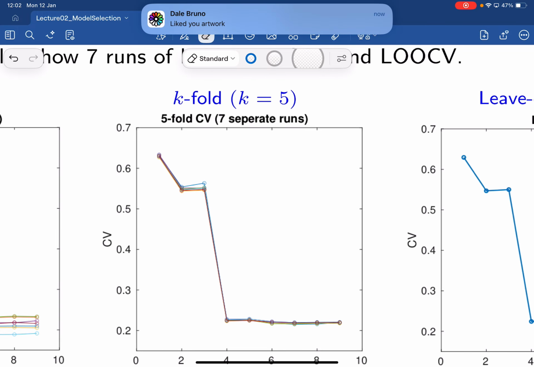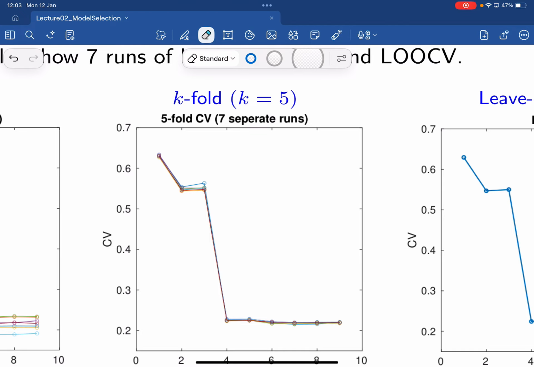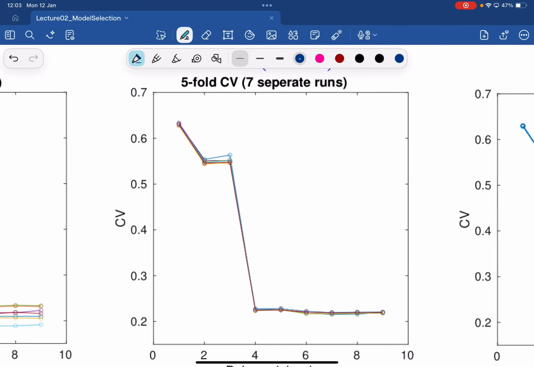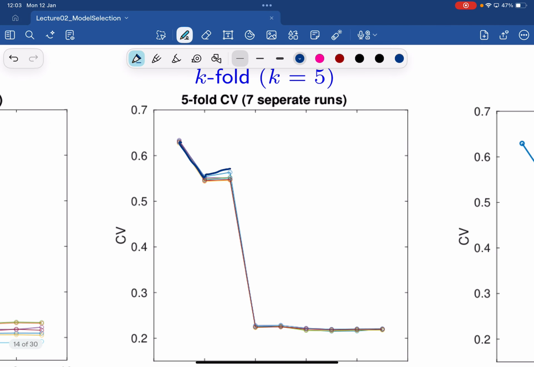Meanwhile, with k-fold, you will likely get a consistent result each time you run. You can try it with your homework. By consistent, I mean just look at the final plots. And that's consistent because don't forget that each curve, each line here, actually came from the average of those k-folds.